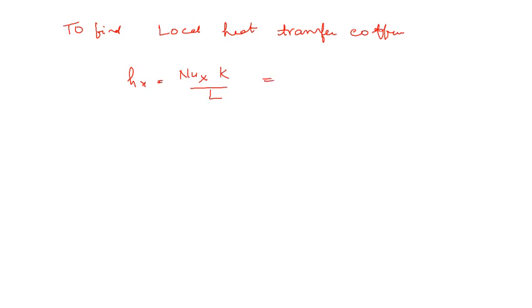So to find the local heat transfer coefficient, I have hx is equal to Nu x times K divided by L. This Nusselt number we got as 48.96 in the earlier step, and K value is 0.0274 divided by L, which is 0.2.